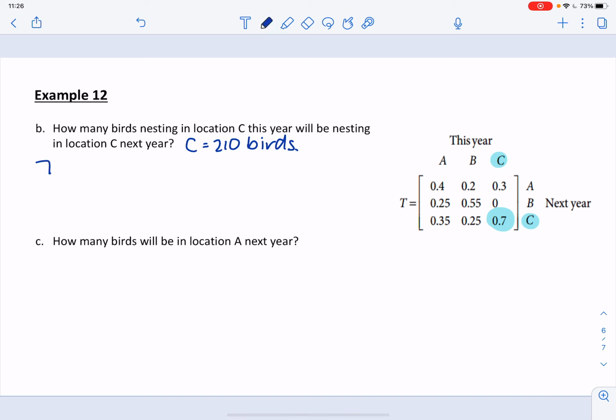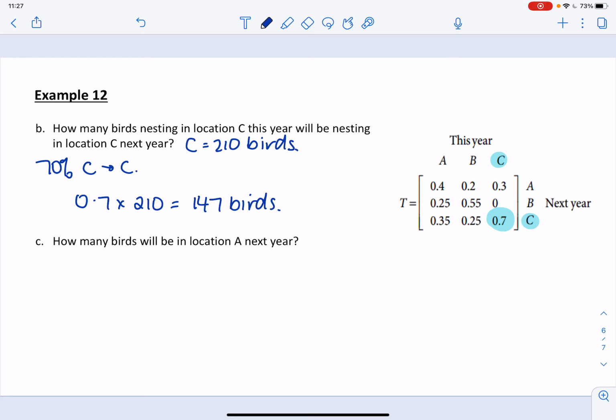So 70% of birds go from C and stay at C. We're finding 0.7 times 210, which gives me 147 birds. Of the 210 currently in location C, 147 will stay in location C, and the other 30% will head off to location A.